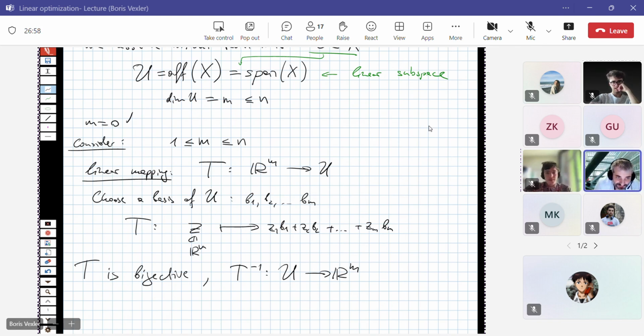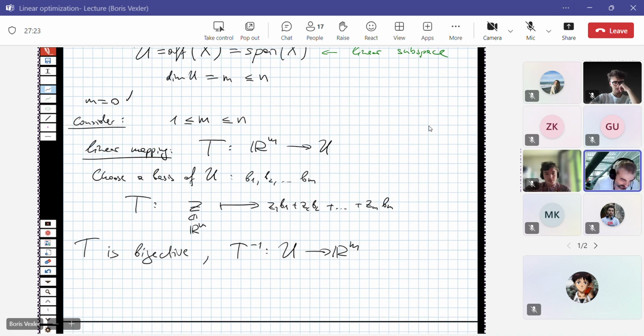And then we have seen that we can translate the notion of relative interior in R^n to just usual interior in U, in R^m if you want. I will write it down again.